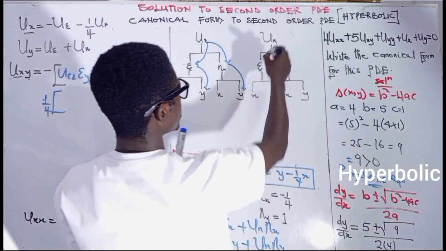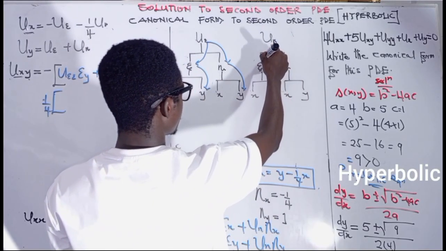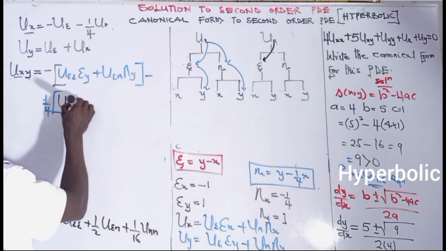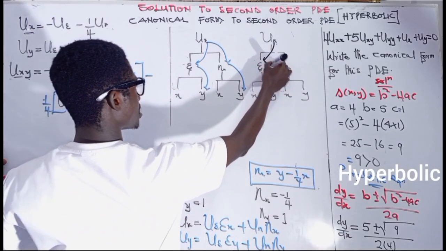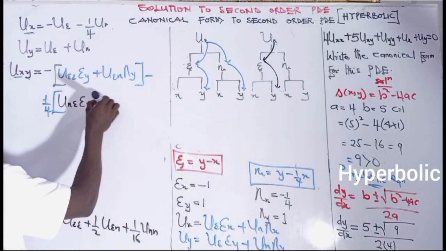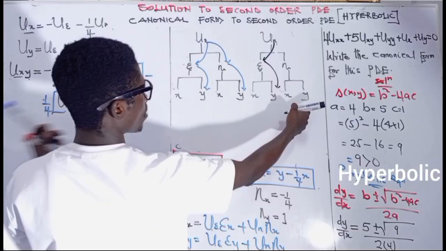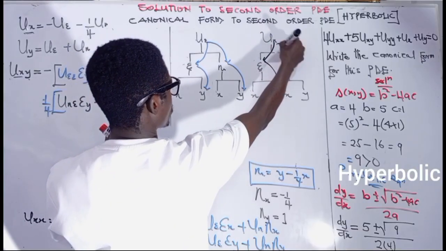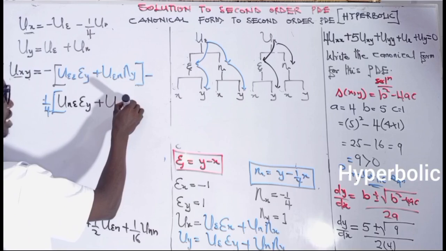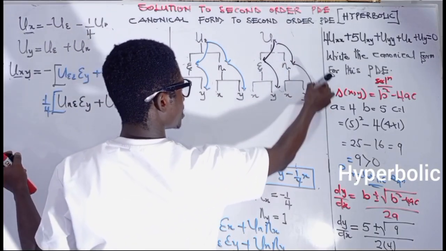So we have u eta zeta, then zeta y, plus we have another y here on u eta, so we go in this direction, u eta eta, then we have eta y.